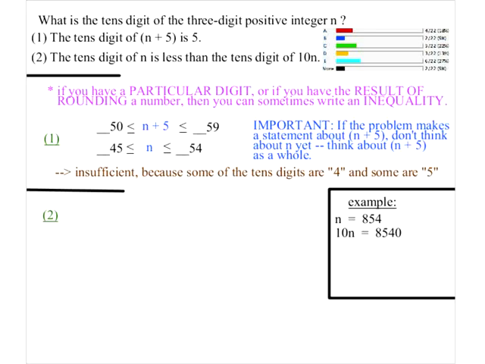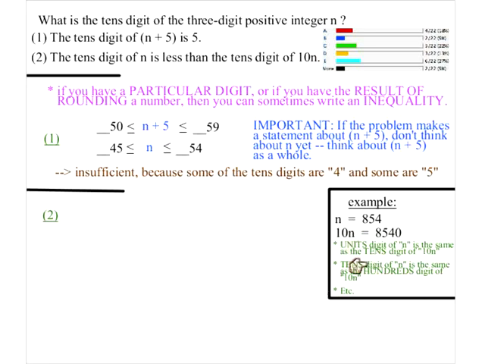So notice that the unit digit of n is the same as the tens digit of 10n. And then if n has a tens digit, then that's the same as the hundreds digit of 10n, etc. Again, don't memorize this, unless you're just amazing at memory.